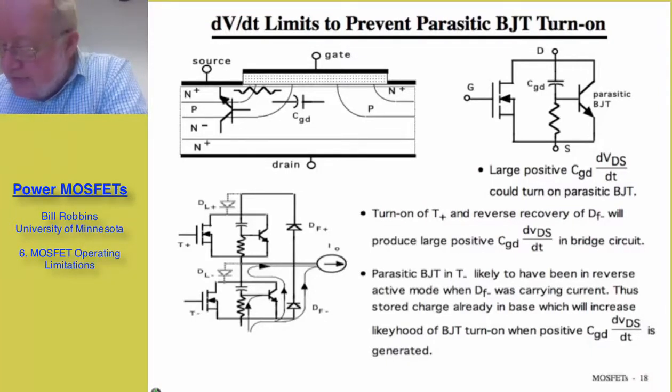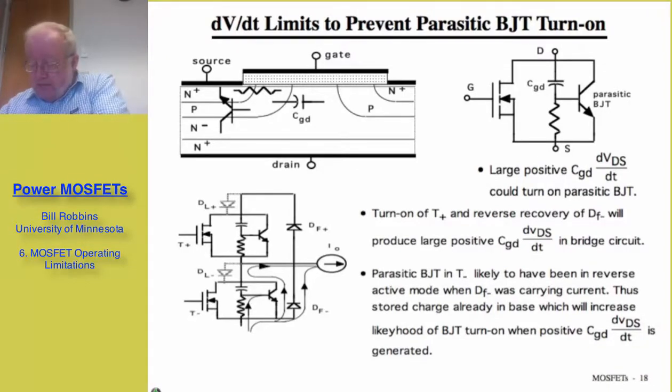Here's the ideal MOSFET, the parasitic BJT, the gate to drain capacitance, and then that so-called body region spreading resistance that connects the base to the source. If we have very large dV/dt between the drain and source, then I'm going to have current coming down the gate capacitance. And if that current is large enough that I get something like 0.7 of a volt across that body region spreading resistance, I could turn on that parasitic BJT, and that's what we're trying to avoid.